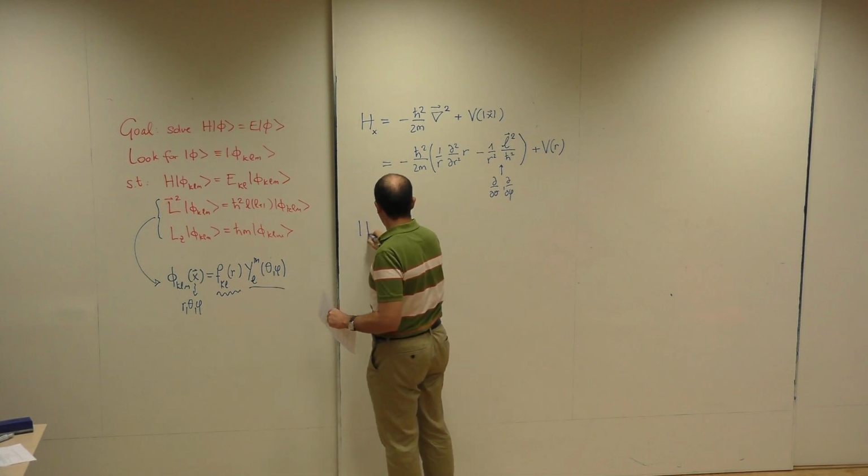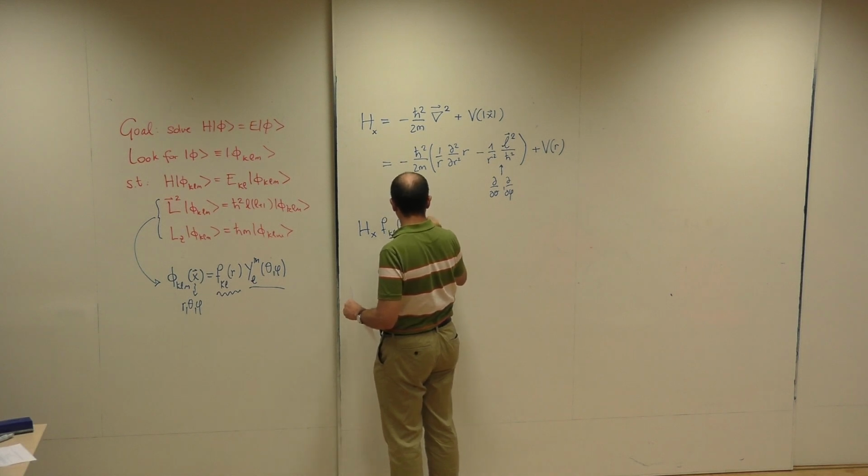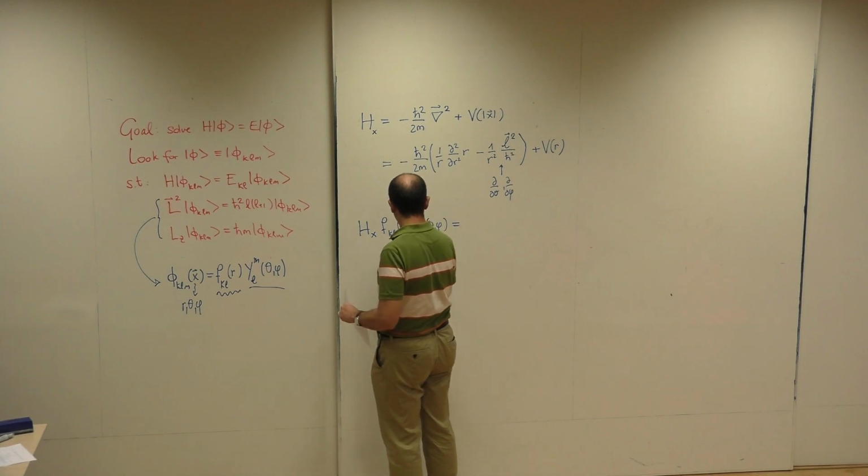So H acting on f KL of r Y LM of theta and phi is equal to what?